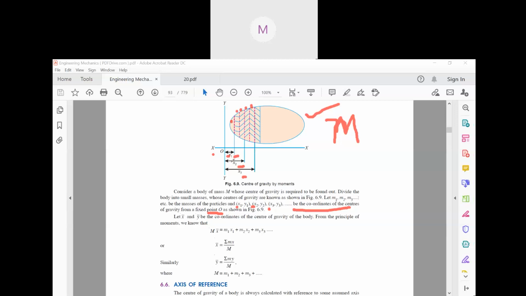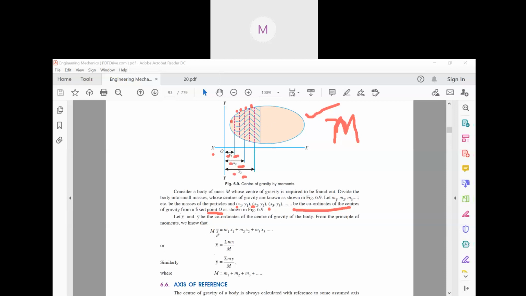Now from the principle of moments, which we discussed before: what is the principle of moments actually? The summation of the total moment acting on a body is the summation of the individual moments. So m1 is acting at a distance of x1, m2 at a distance of x2, m3 at a distance of x3.